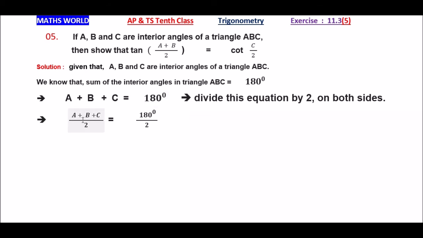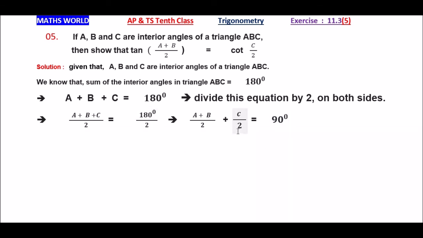See here, (A plus B plus C)/2. We want the value of (A plus B)/2 on one side and C/2 on the other side. So I am separating. I am writing (A plus B plus C)/2 as (A plus B)/2 plus C/2. That implies (A plus B)/2 plus C/2 is equal to 90 degrees, since 180 by 2 is 90 degrees.